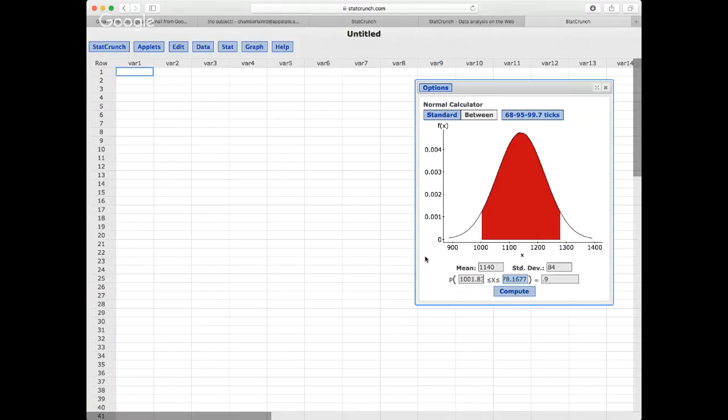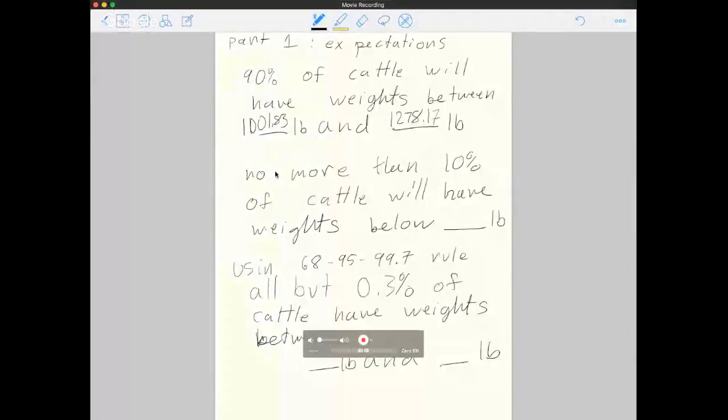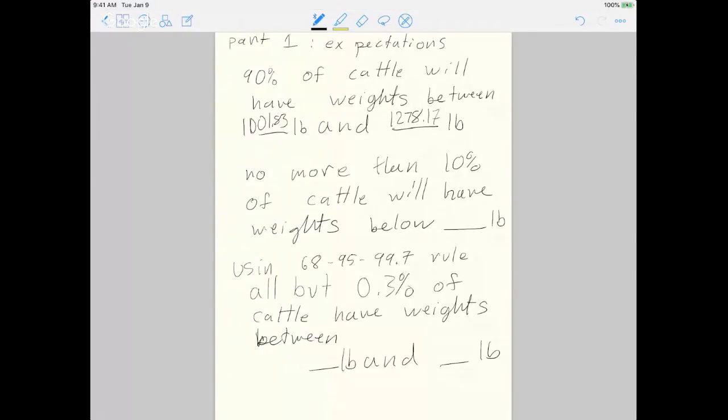So next question. No more than 10% of cattle will have weights below blank. This is that percentile question that I've talked to a couple people about in email, but I wanted to emphasize it here.